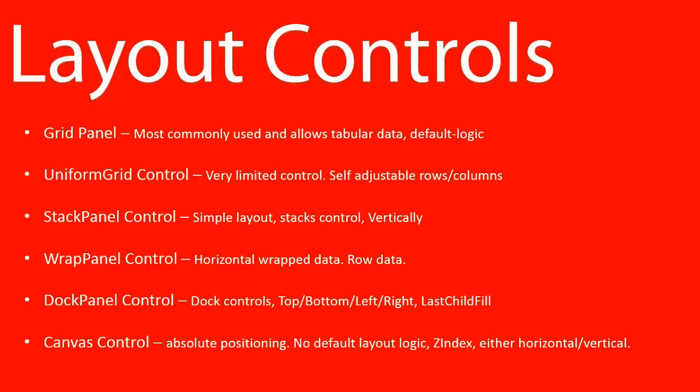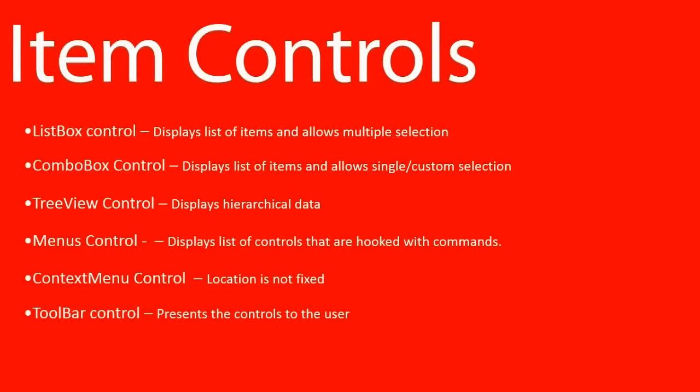This kind of cool stuff you're gonna do with the dock panel. The last one is the canvas control. This control has no default logic. You can position your controls anywhere on the canvas. Don't bother about it right now. We're gonna learn each and every control in detail in the next couple of tutorials.